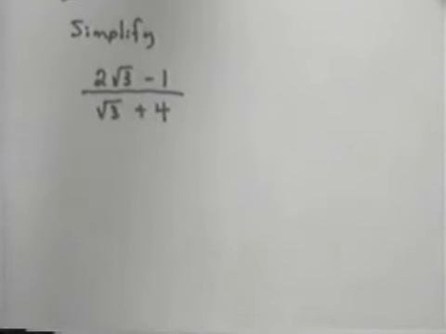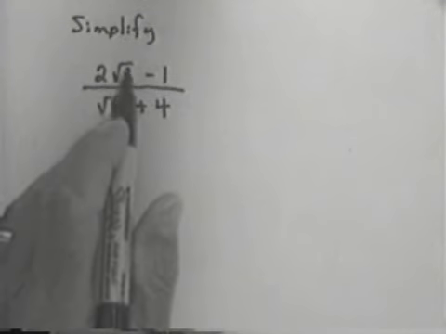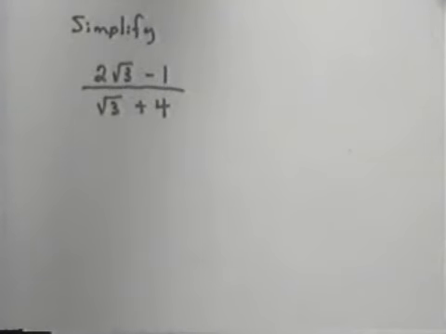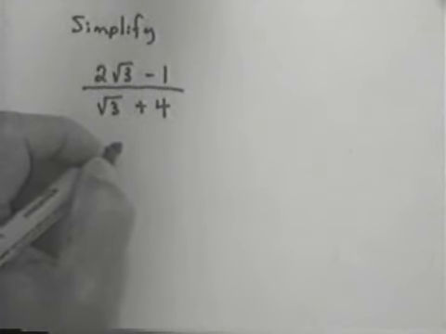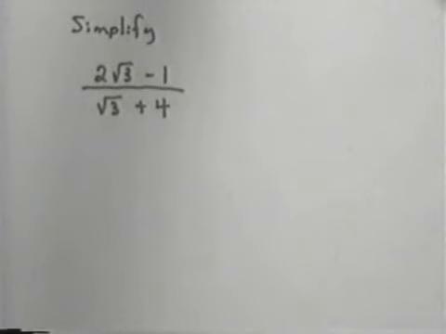Let's look at another example. Let's simplify 2 times the square root of 3 minus 1 over the square root of 3 plus 4. Okay, I multiply both numerator and denominator by the conjugate.